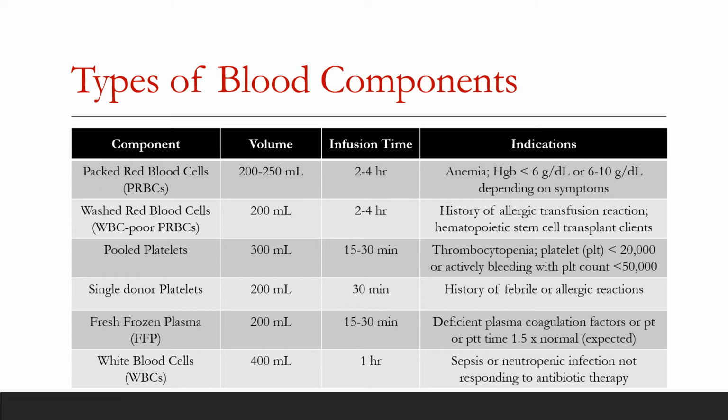Now, our indications are going to be related to what we're giving. Why would a client need red blood cells? Because they're anemic. Their hemoglobin is low, or their hemoglobin is not that severely low, not less than 6, but they have symptoms: they're pale, they're diaphoretic, or they're actively bleeding out. They need red blood cells to carry oxygen, right?